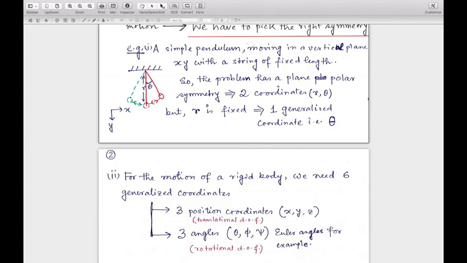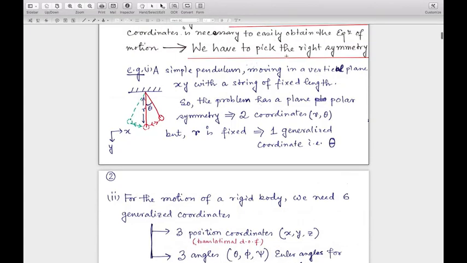Now, why are we talking about this plane polar symmetry? Because we said that we have to pick the right symmetry. That is our responsibility, to justify why we have chosen this plane polar symmetry, right?